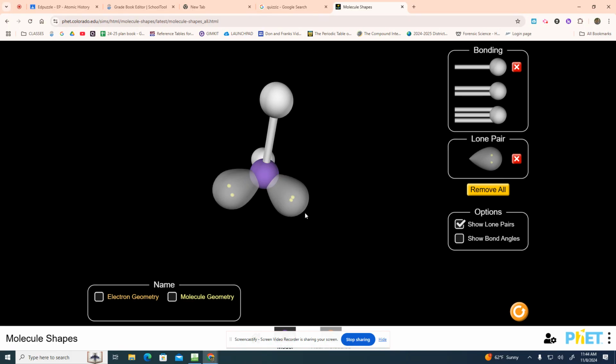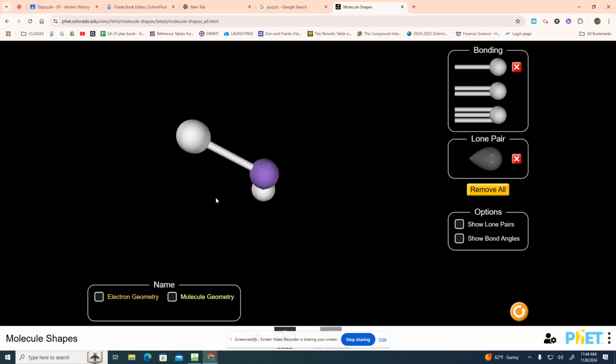Okay. So this shape that we have here is called bent. Water molecules are bent. They have a shape that goes like this. Okay, it is a bent molecular geometry.